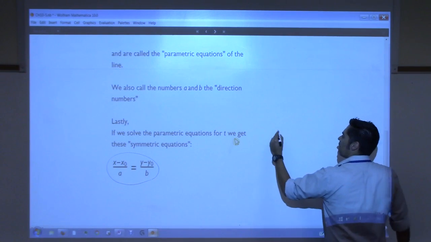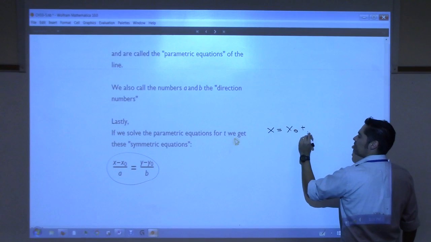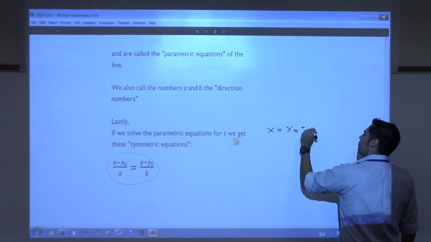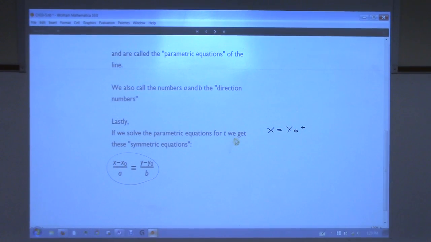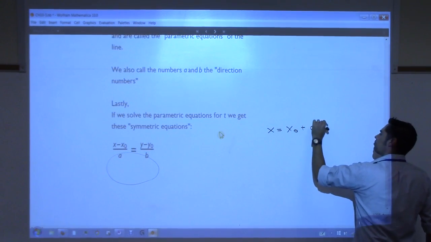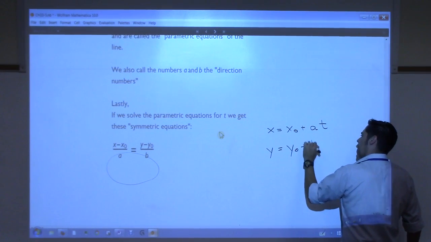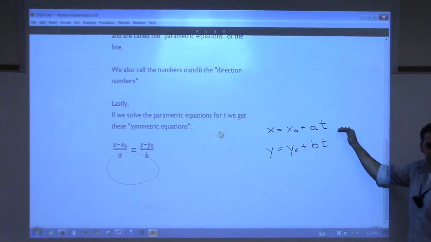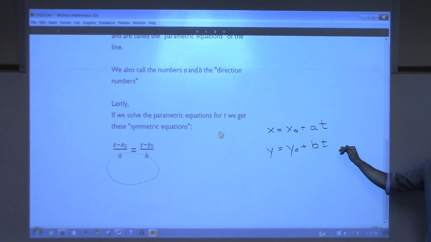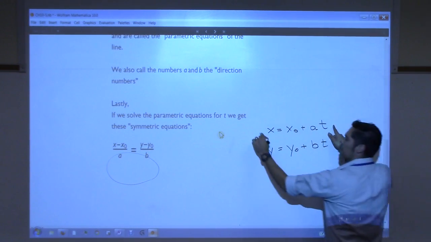If you go to the parametric equations, which were this, did I put AT or TA? AT? Yeah, let me do it that way, AT. Then both of these equations have t in them, right? Solve this one for t. So let's do that right here.